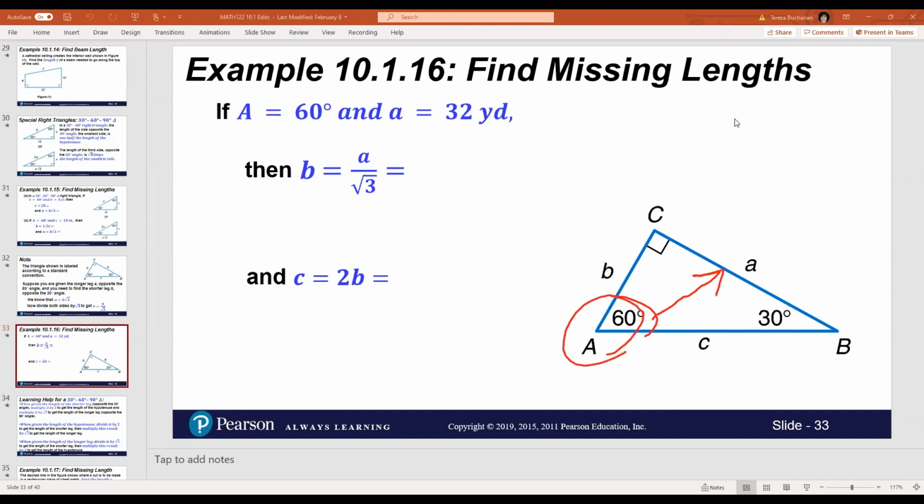So if this is angle A, this has to be side A. If this is angle B, this has to be side B, and so on. So that's standard. You'll see that repeated, and you'll be using that idea.